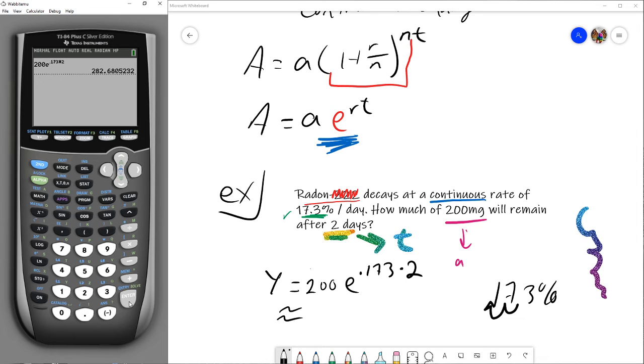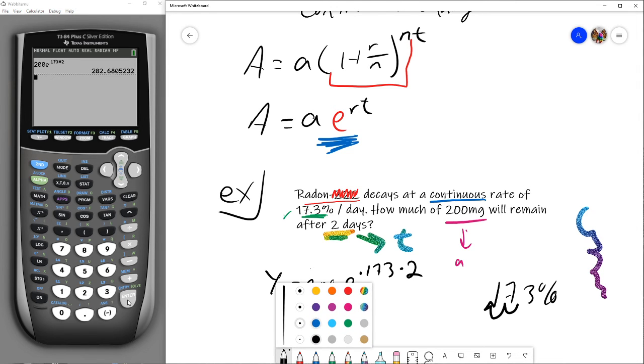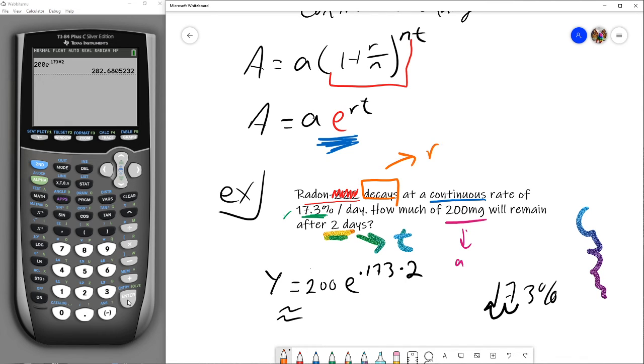What did we forget here? We made a mistake. How can something decay and grow by 83 milligrams? So, pro tip: decays tells you that R is negative. Do not forget the negative sign right there. Let's put a big old negative.